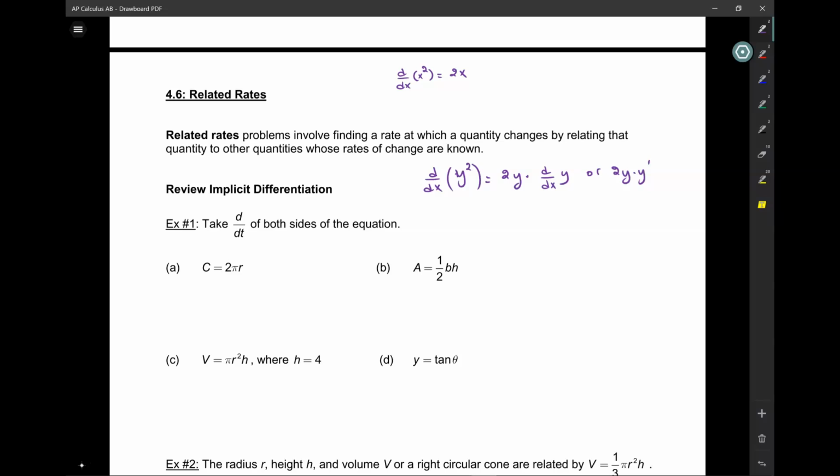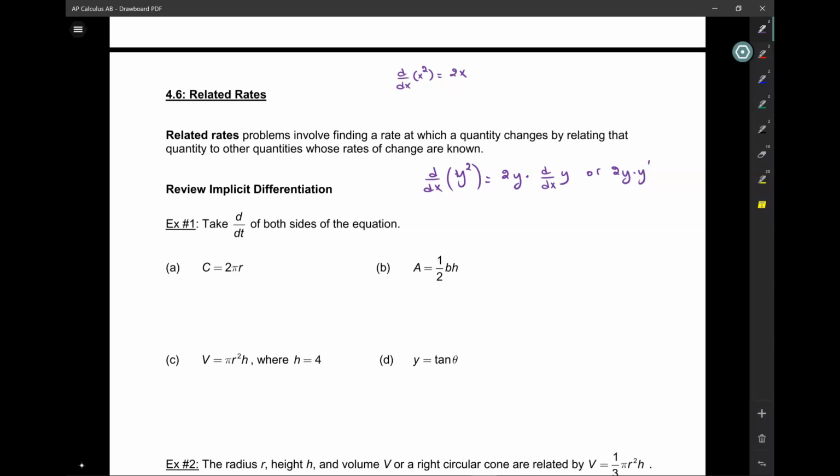Now, when you're taking a derivative of something with respect to a different variable, it doesn't have to be x and y. As long as you're moving away from the variable, it could be with respect to anything. So if I wanted to take a derivative of y, I could take it with respect to t or r or s or whatever else I want.